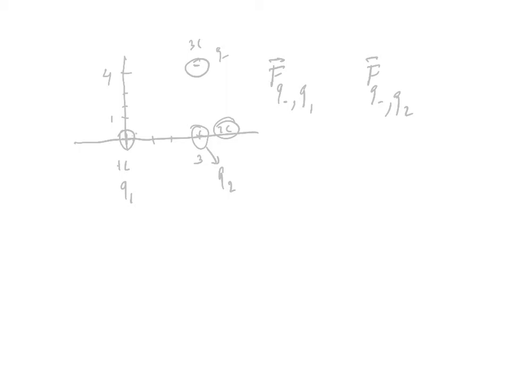So let's find the vector that goes to find F on Q minus due to Q1. We call this vector the vector R1. So the force will be K, Q minus, Q1, divided by the distance squared. The distance squared is 3 squared plus 4 squared.